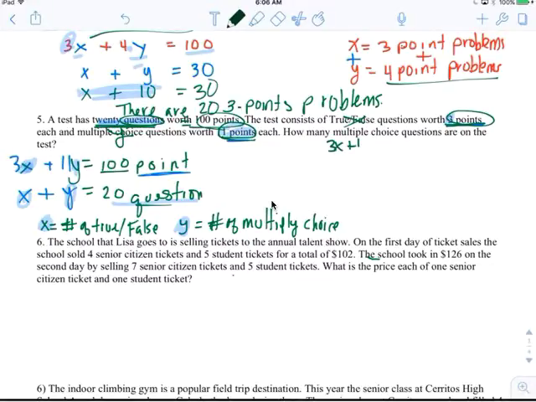I would multiply all by 3 because it's a smaller number, okay? Not by 11. Keep it easy. Use elimination and you solve.